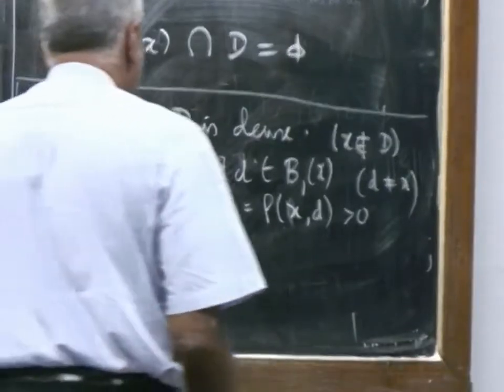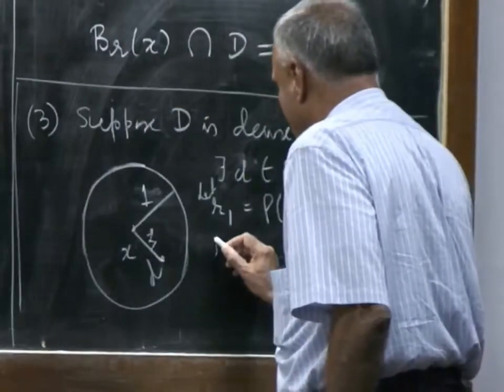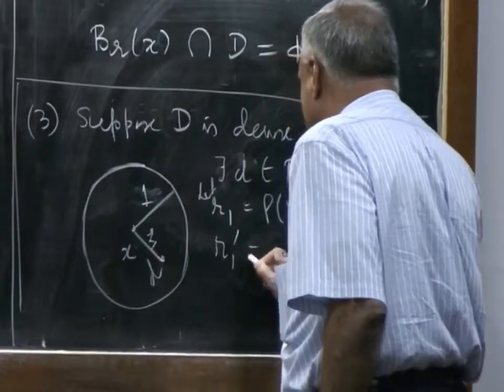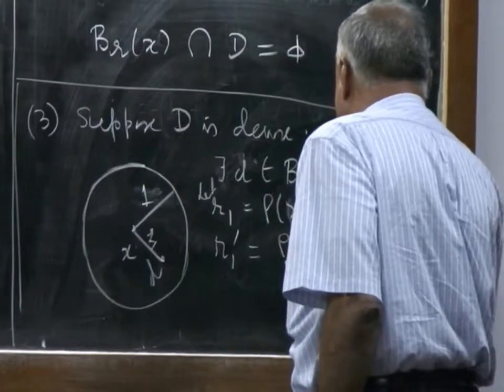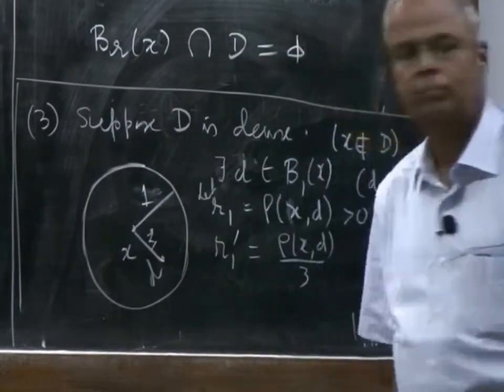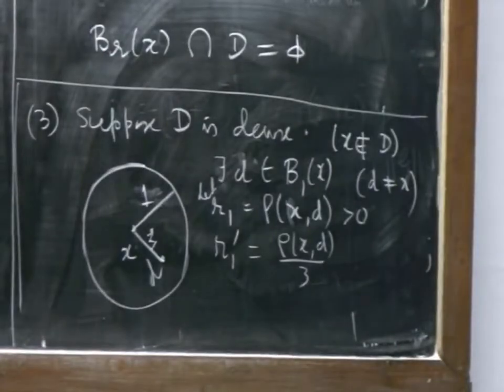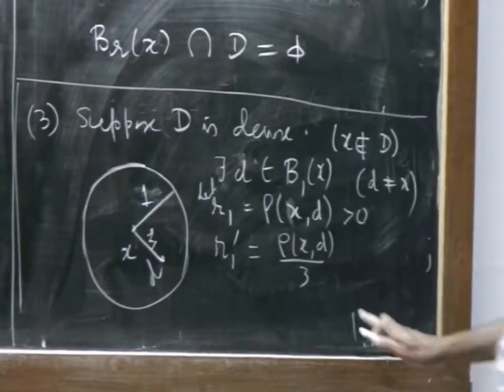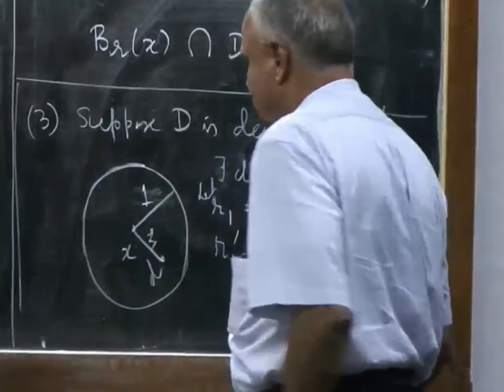Now you consider R1 dash to be rho(x, d) by 3 or 2. Even 2 is enough. Let me make it easier. Okay, 2. Then what happens?